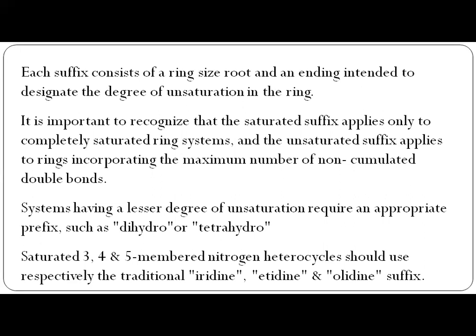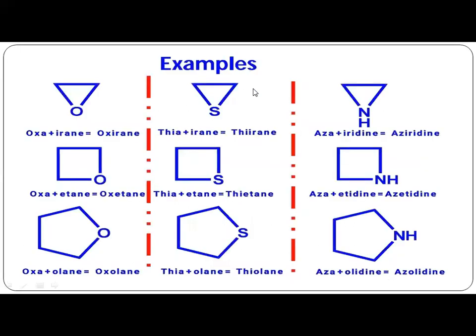If there is an unsaturated 3-member nitrogen heterocycle, we are going to use the traditional name irine as a suffix. There is consistent use of etene and oline as suffixes for 4 and 5-membered unsaturated heterocycles. Next one is the established use of oxime, azine and silane for other compounds or functions, which prohibits their use for pyran and pyridine respectively.